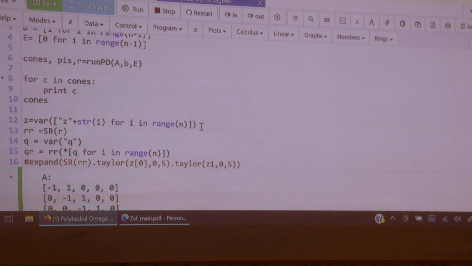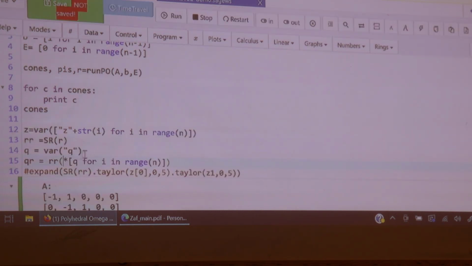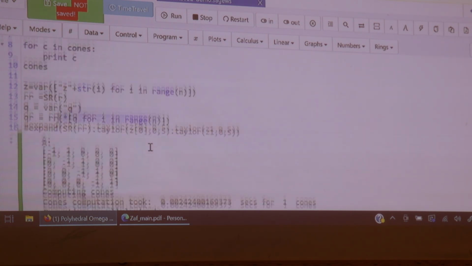But what I want to do afterwards is, I have my z variables, but I want to put q. So I will substitute every variable by q. This is evaluation. This star before a list unpacks the list in Python. So I will evaluate this RR, which was my rational function, with a q everywhere.